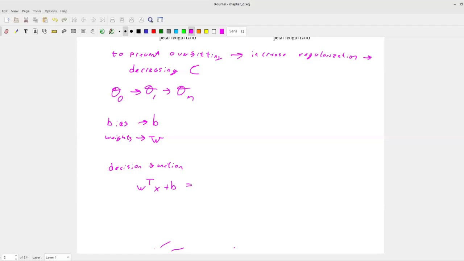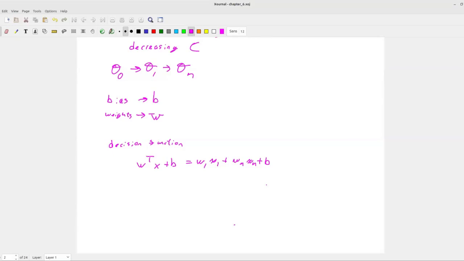And that is going to break apart into weight 1 x1 plus weight n xn plus b. So however many n terms that you have, that's how that will break apart. If the outcome is positive, it's predicted as a positive class. And if the outcome is negative, it's predicted as a negative class, right?